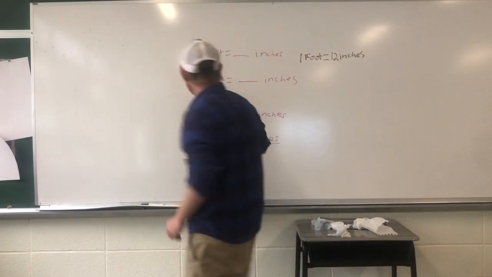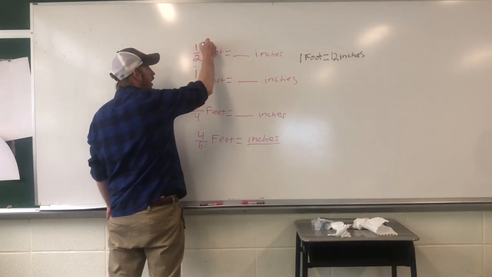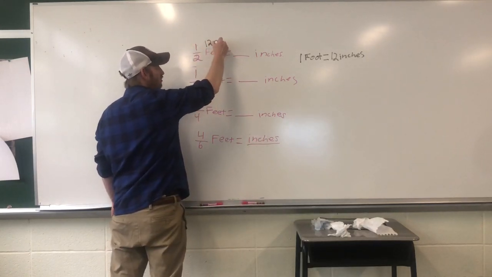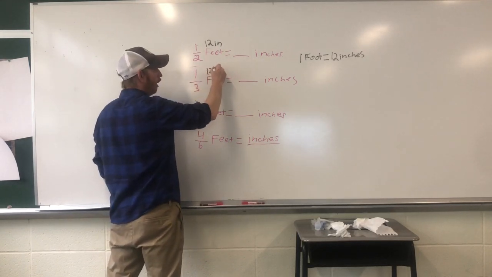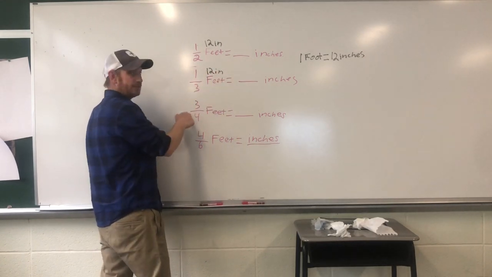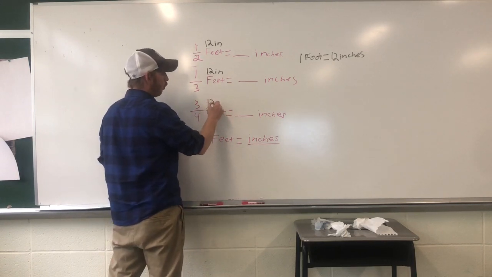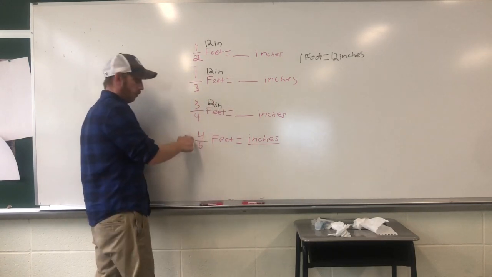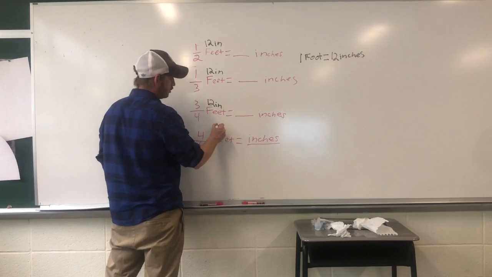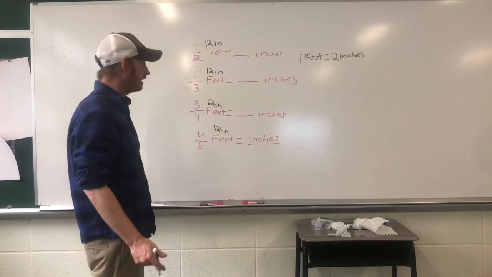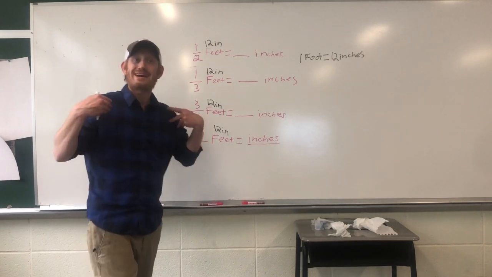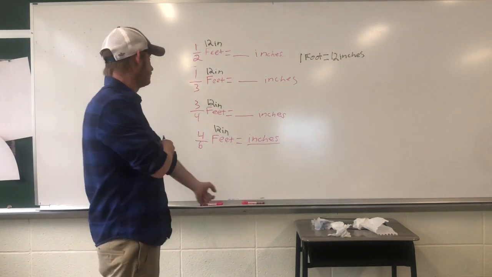So now we think 1/2 of 12 inches. 1/3 of 12 inches. 3/4 of 12 inches. 4/6 of 12 inches. And now I can just do the conversions using my knowledge of fractions.